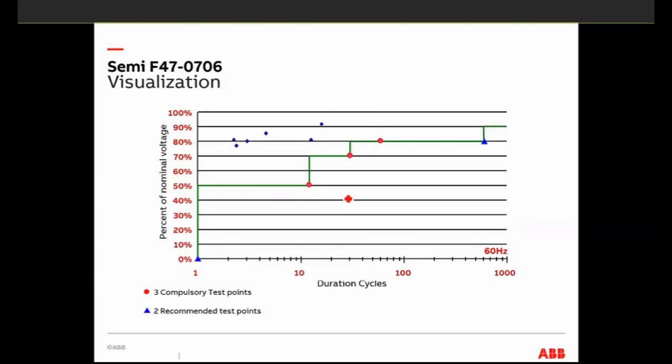Okay, so for our visualization purposes, this is the region we're in. Can you see the green line here? Those power quality events that are above the green line mean that your component will actually work. There will be no problem. They will be immune.